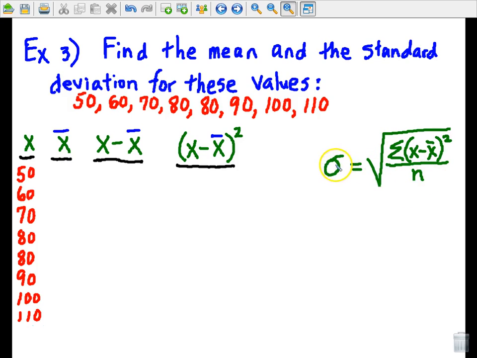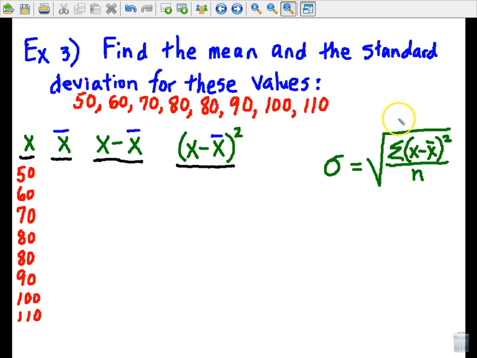So I've attempted here to reproduce lowercase sigma. And when you see lowercase sigma in statistics, that stands for standard deviation. And then under the radical, another Greek symbol, this is uppercase sigma.